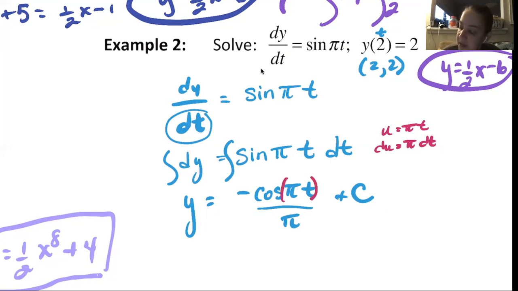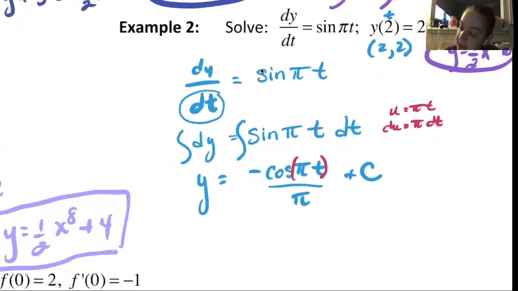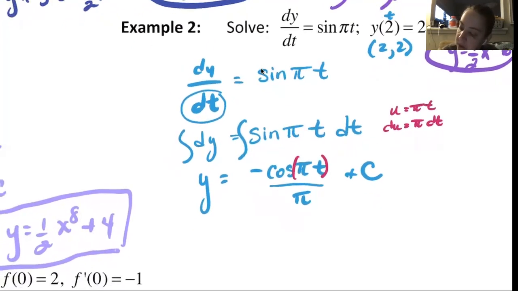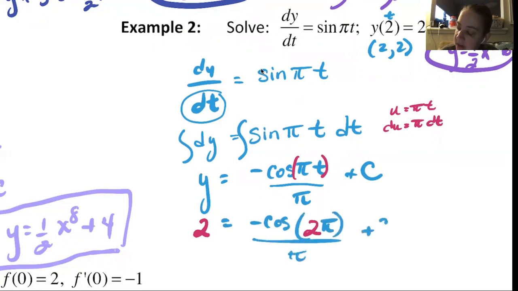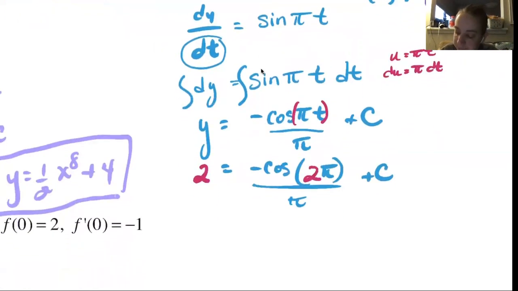All right, what are we doing? We need to put in our 2's. So y is equal to 2, and t is equal to 2. So 2 is equal to negative cosine of 2 pi over pi plus c. Remember, we're solving for c.